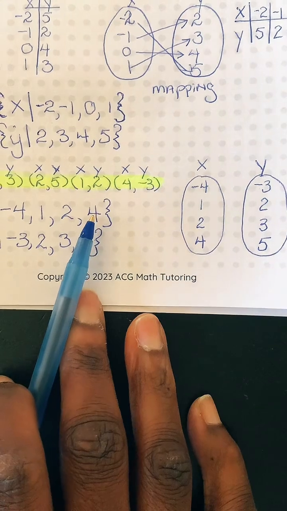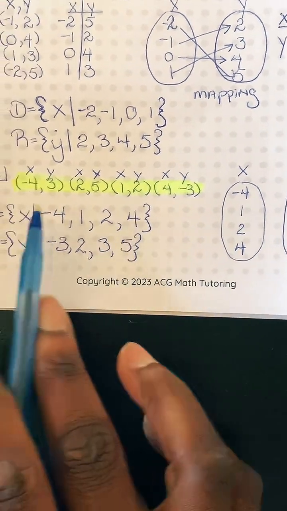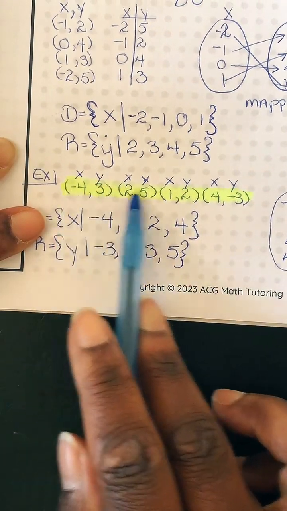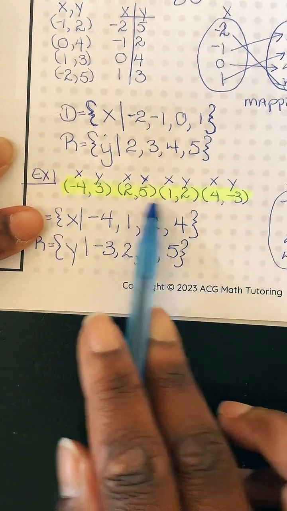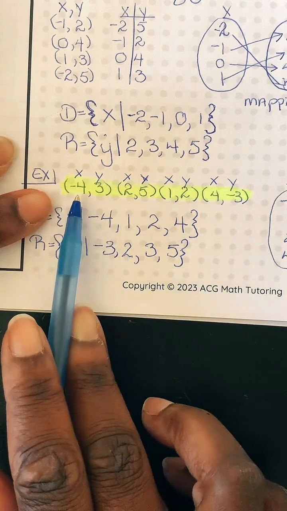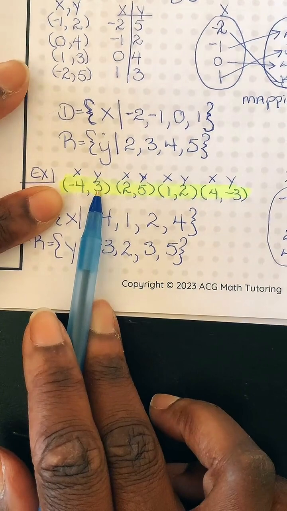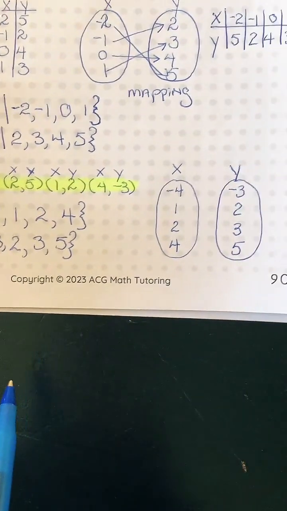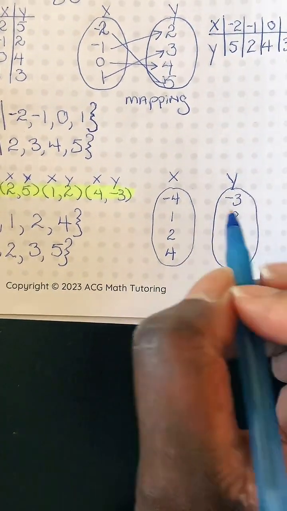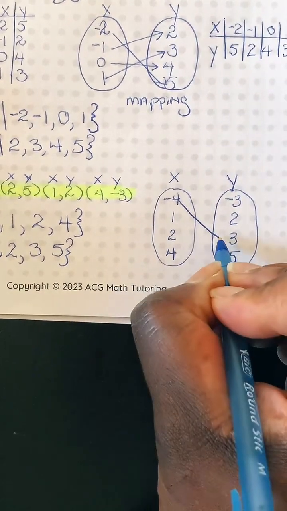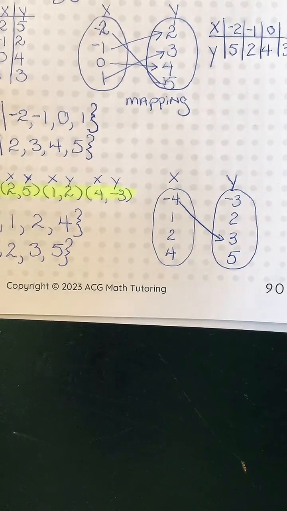But I want you to draw arrows to the proper ordered pairs. This is the original ordered pairs. So -4 should go to +3. So if I slide over, here's my -4, and I'm drawing an arrow to +3.